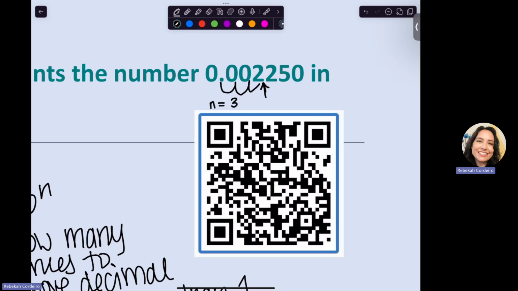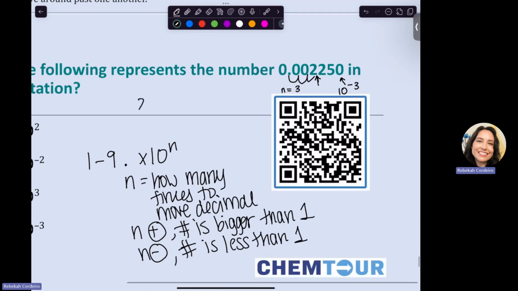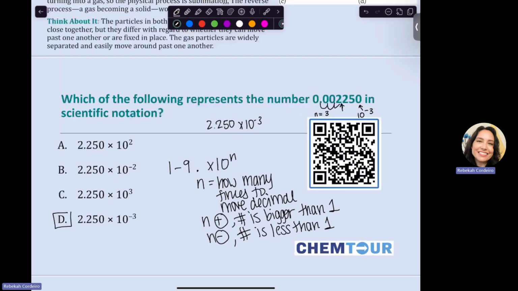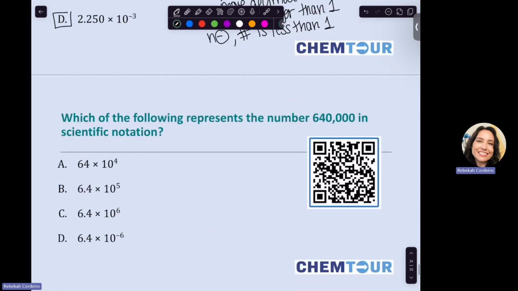However, is this number bigger than 1 or less than 1? This number is smaller than 1, so it's going to be negative 3. So I'll rewrite this as 2.250 times 10 to the negative 3. Hopefully that makes sense. If not, take a screenshot and text me, ask for some help.